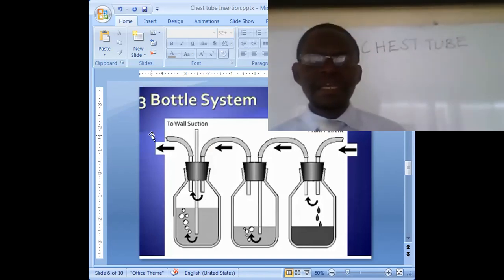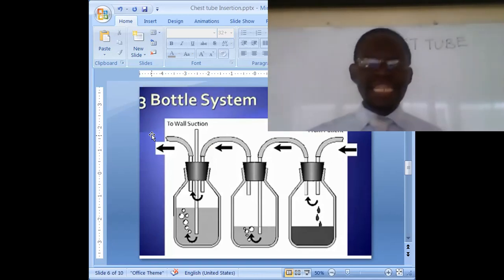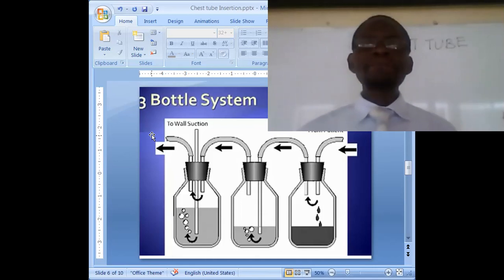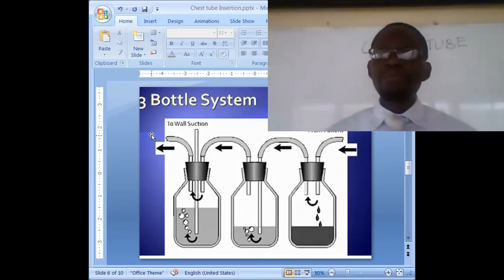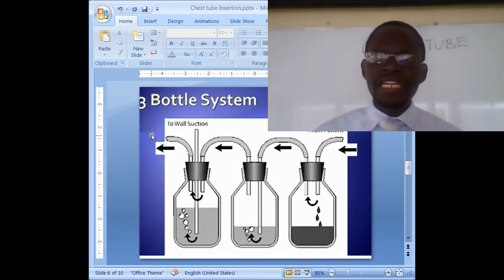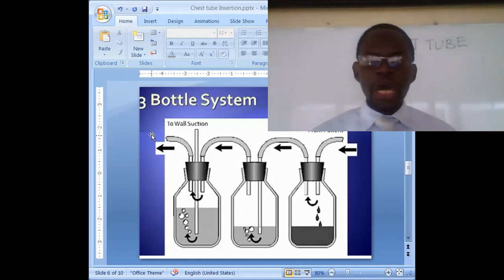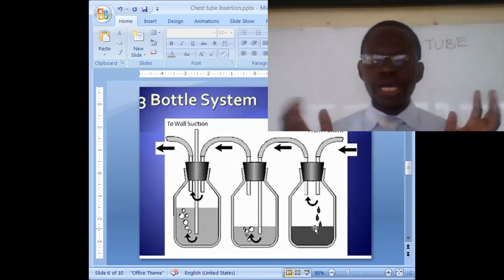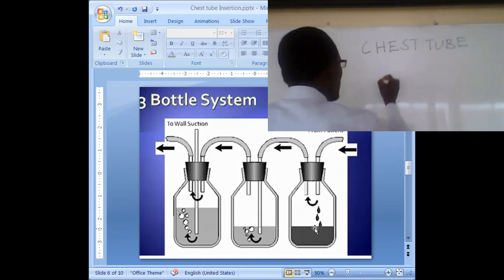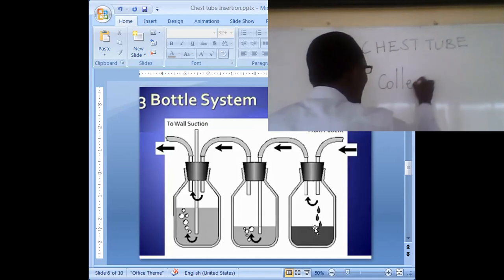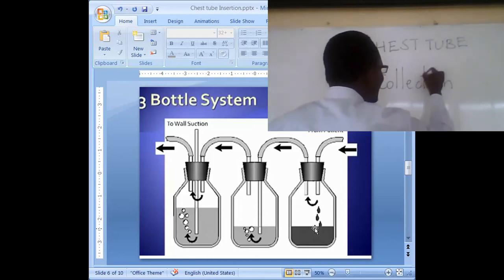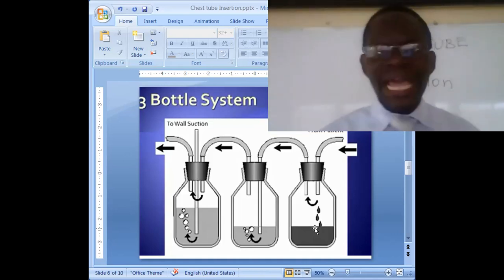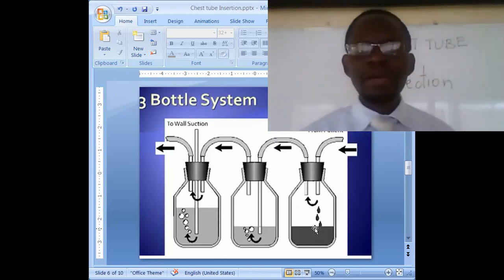The one coming from the patient collects any fluid, either pus, lymphatic fluid, or blood. We refer to that very first bottle as the collection chamber.